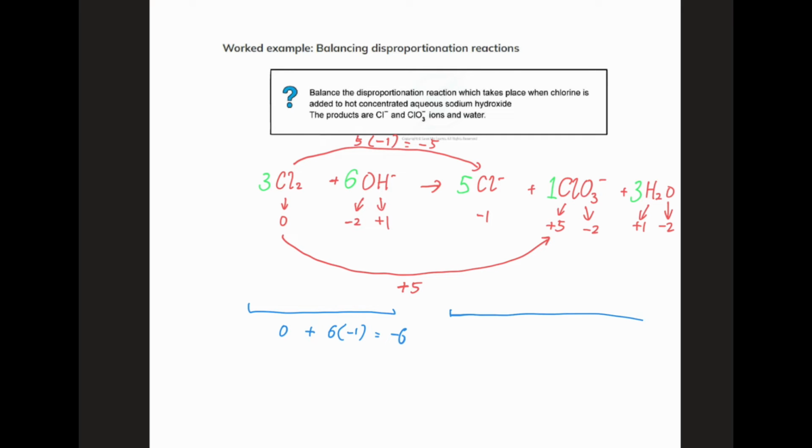And then on the right, we have 5 Cl minus, so 5 times -1, plus 1 times -1, water no charge. So we get -6. If the charge is the same on both sides, then it is balanced. So that's how we make it. Let's move on.